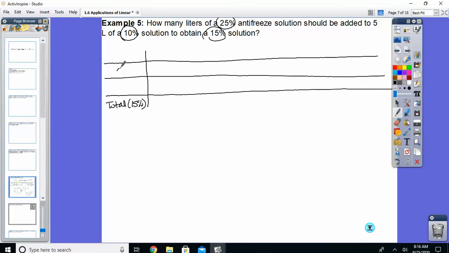So my total is the 15%. So I'm mixing together a 25% and a 10%. Okay, formula. We start out, how many liters, so we need the amount, times, we have these percents, so the concentration equals the amount pure every time.